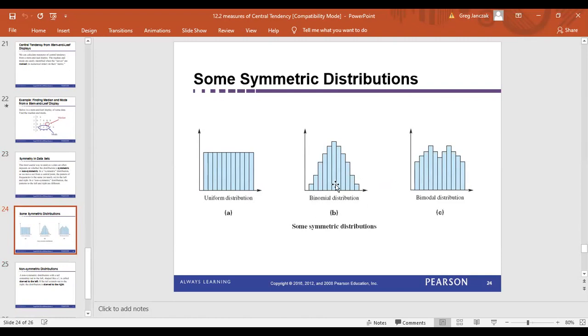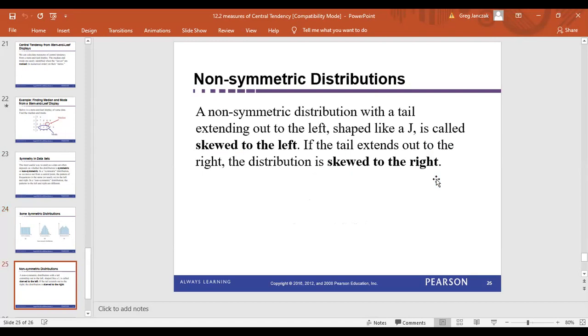Binomial distribution is where you have a nice even distribution, same number. It looks the same on the left as it does the right. The middle is your mean. Here's bimodal, where you have like two middles. And so that's what that looks like.